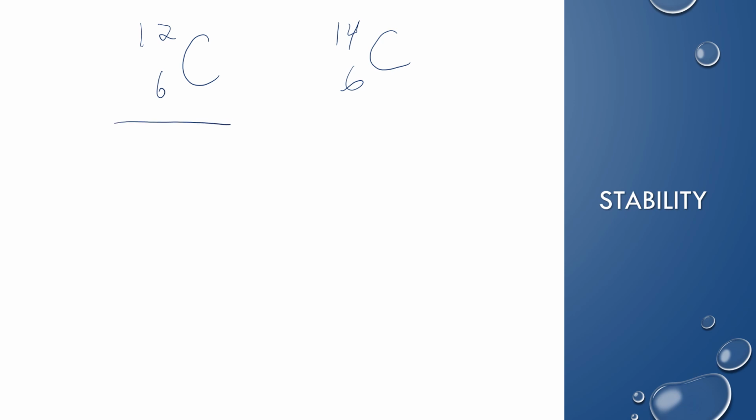This isotope of carbon is going to be a little bit more stable than this isotope of carbon. And in fact, the carbon-14 will decay over time, right? So carbon-14 is what we call a radioisotope, because it will emit radiation over time, naturally.